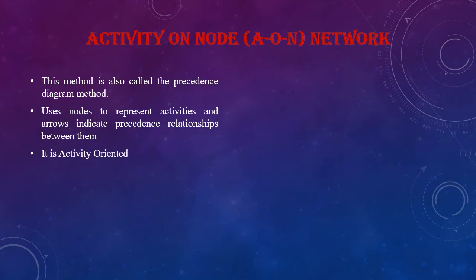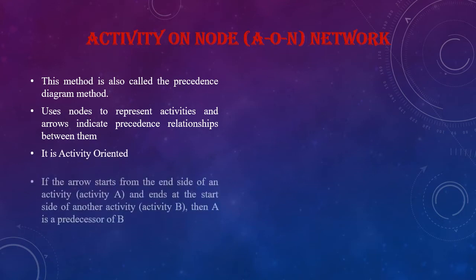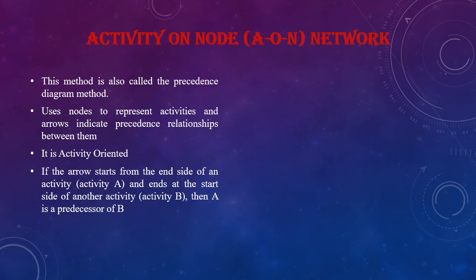It is usually activity oriented. If the arrow starts from the end side of an activity and ends at the start side of another activity, we can see the predecessor relationship between them. Suppose the arrow starts from the end side of activity A and ends at the start side of activity B, then A is the predecessor of B.